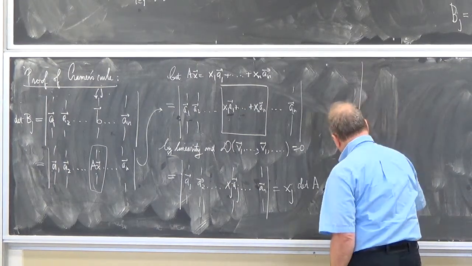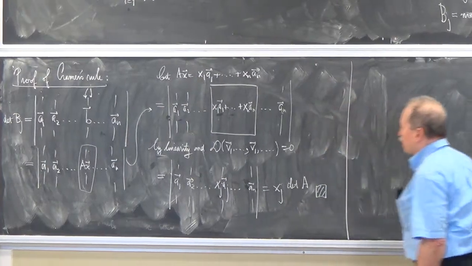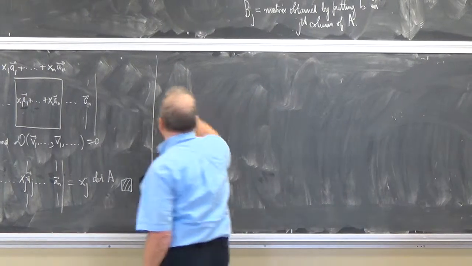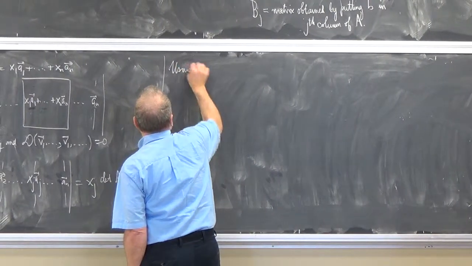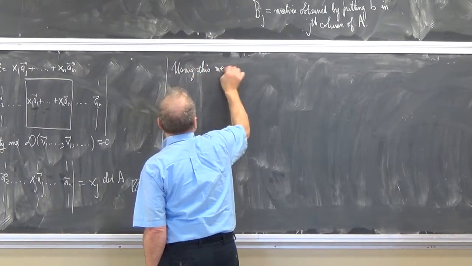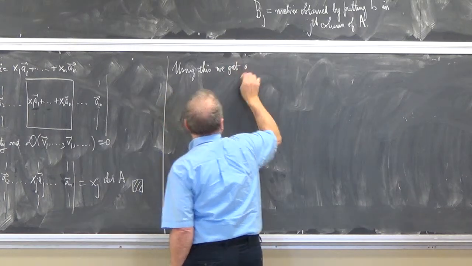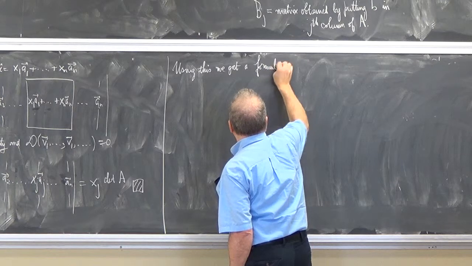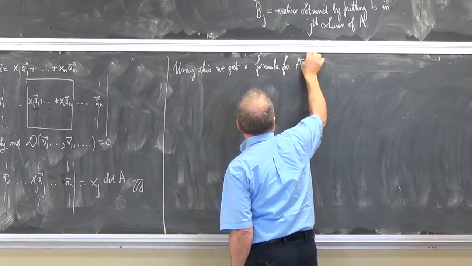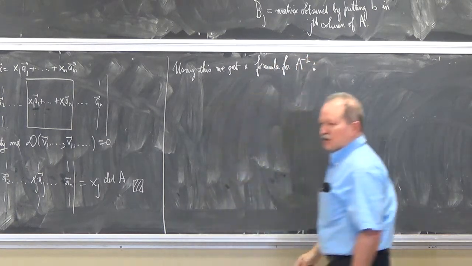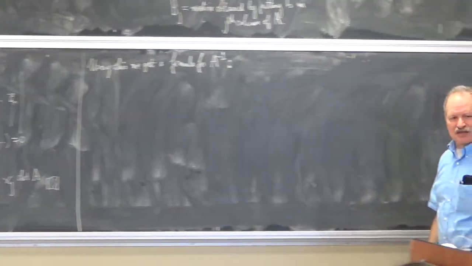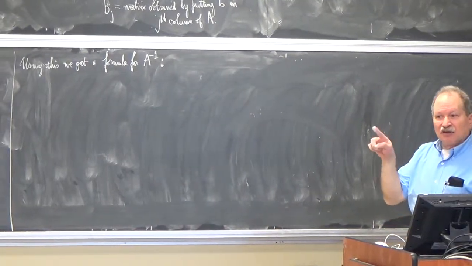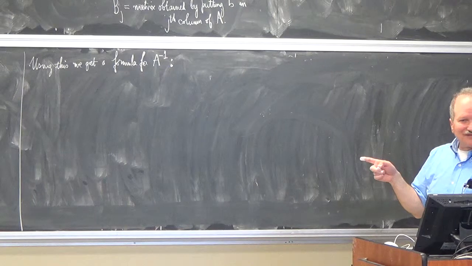It's on tape. Okay, so I'm now going to use this to derive a formula for A inverse. So you guys, when we first did stuff back in chapter 1, we had a shortcut for 2 by 2s.